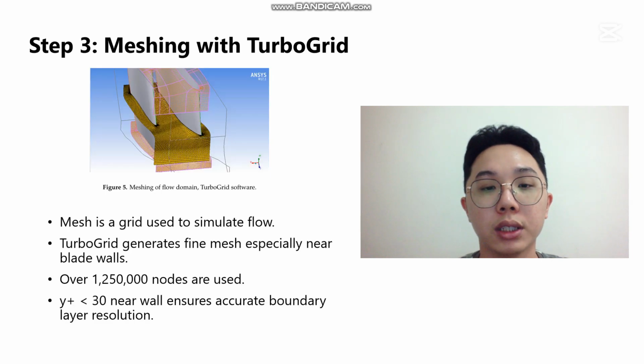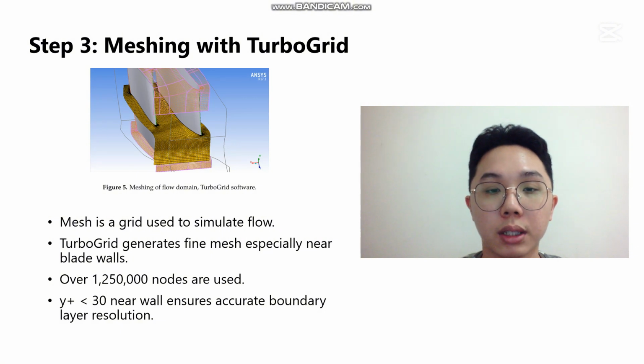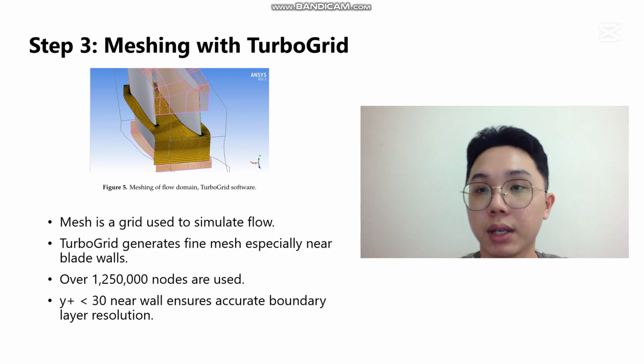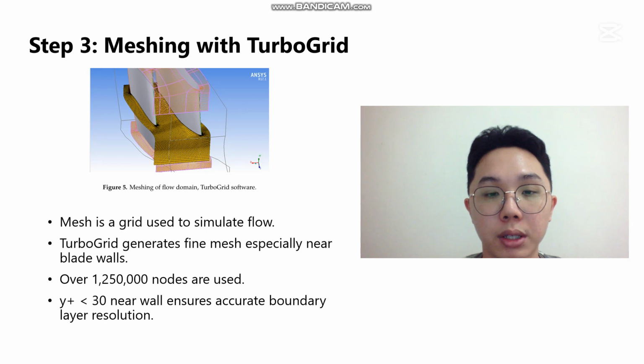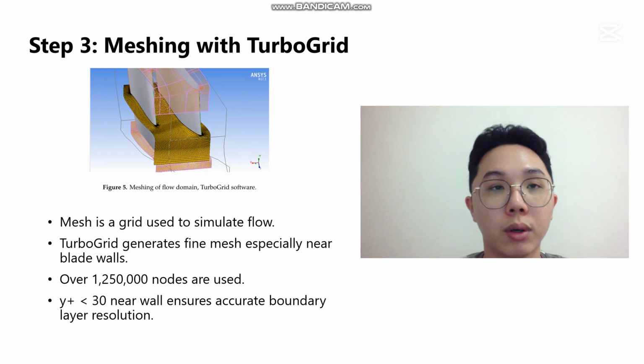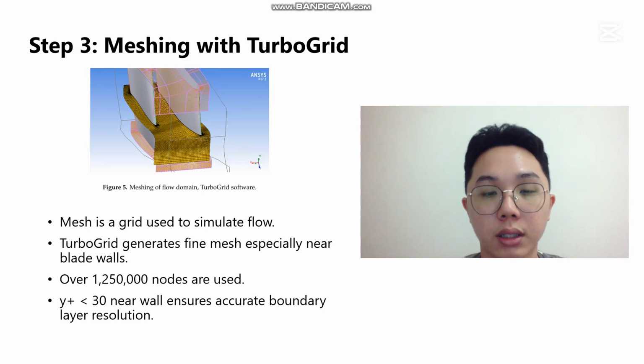Step 3 involves meshing the 3D impeller geometry using TurboGrid, a meshing tool specifically developed for the turbomachinery application. The mesh quality is crucial for accurate CFD result in the case. We generate a high-resolution structured mesh using over 1.25 million nodes.